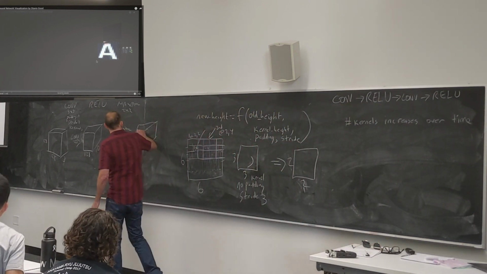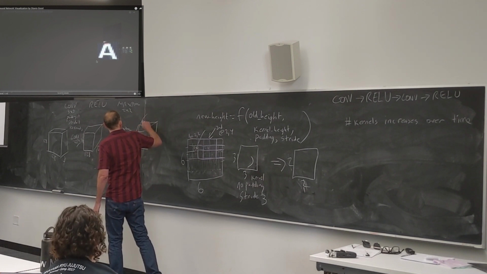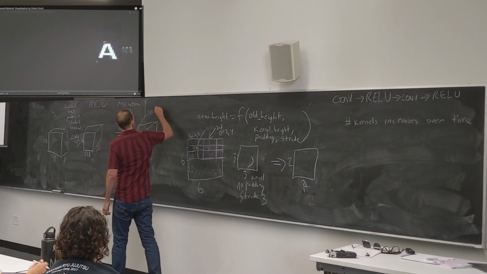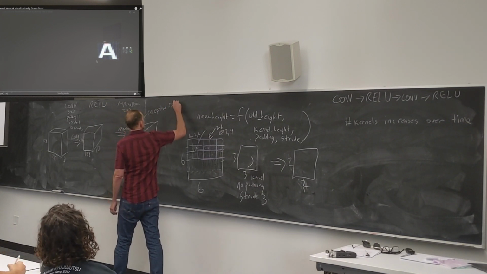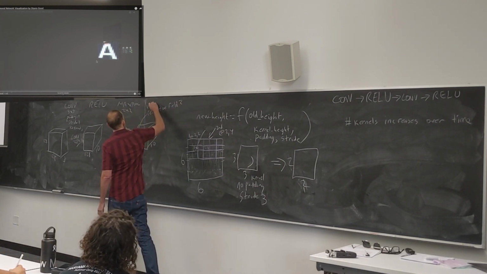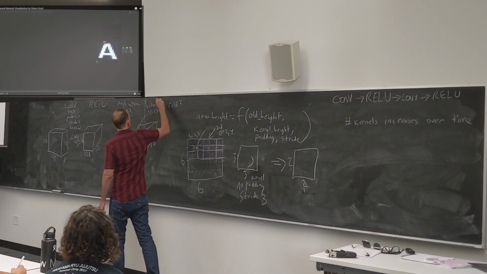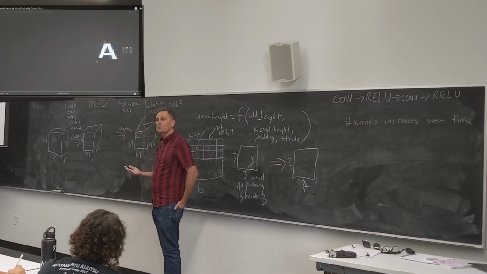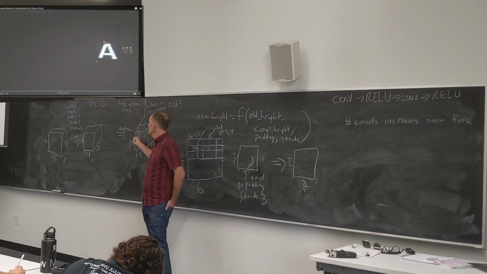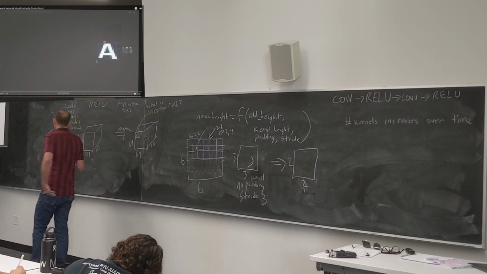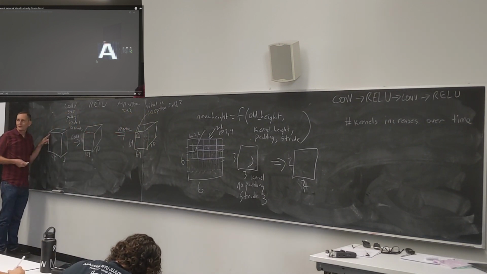Well, let's look at that 121 right there. The question is, what is the receptive field? Which means, which of the original pixels affected this 121? Did the top left pixel affect it?